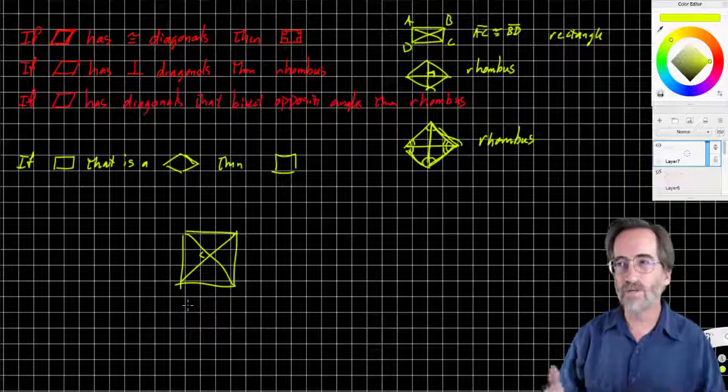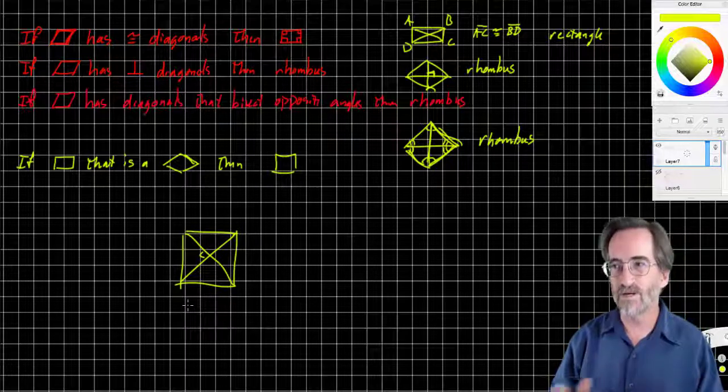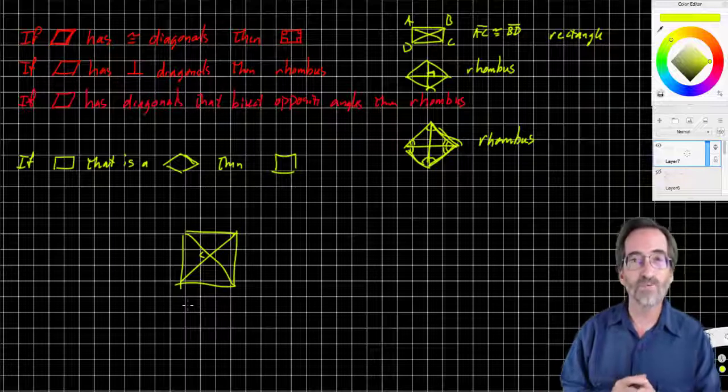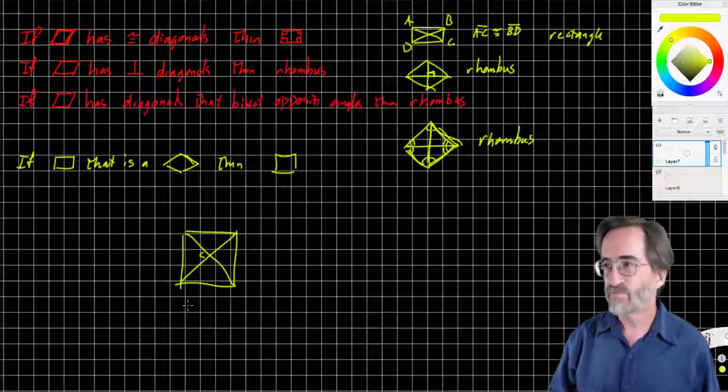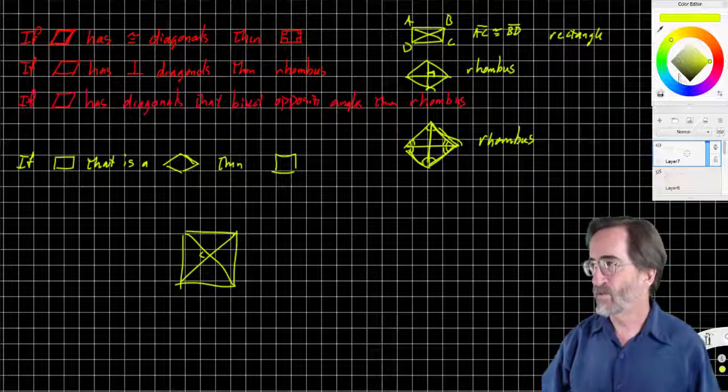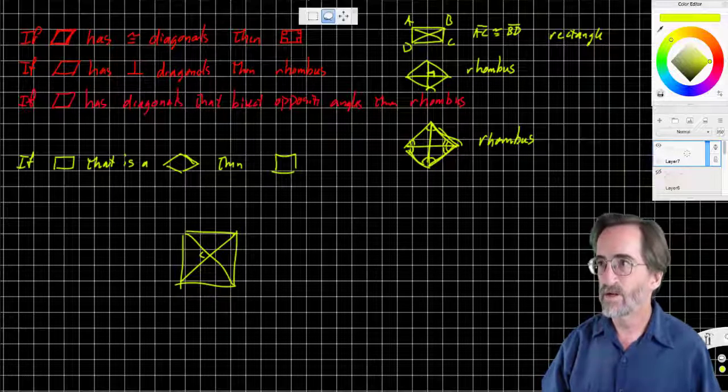So you're going to be using these ideas to prove something is a rhombus or a square or a rectangle. Okay? So for example, let's do one quick example here. Let me make some space.